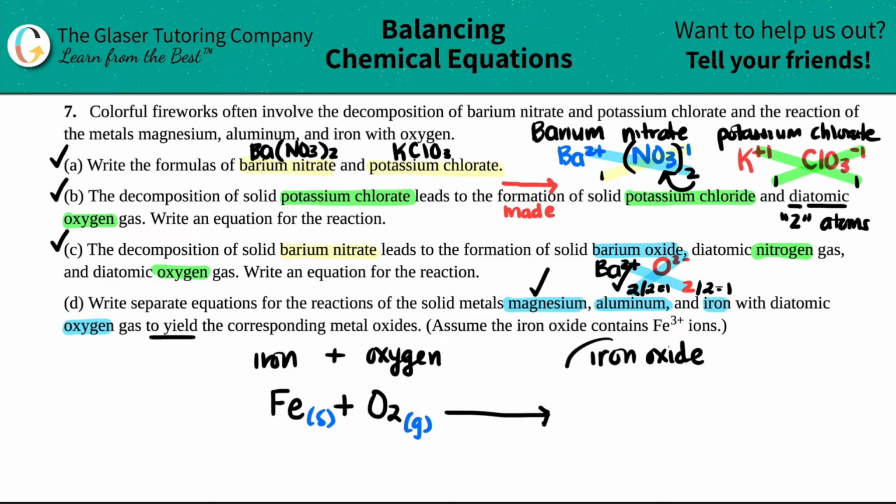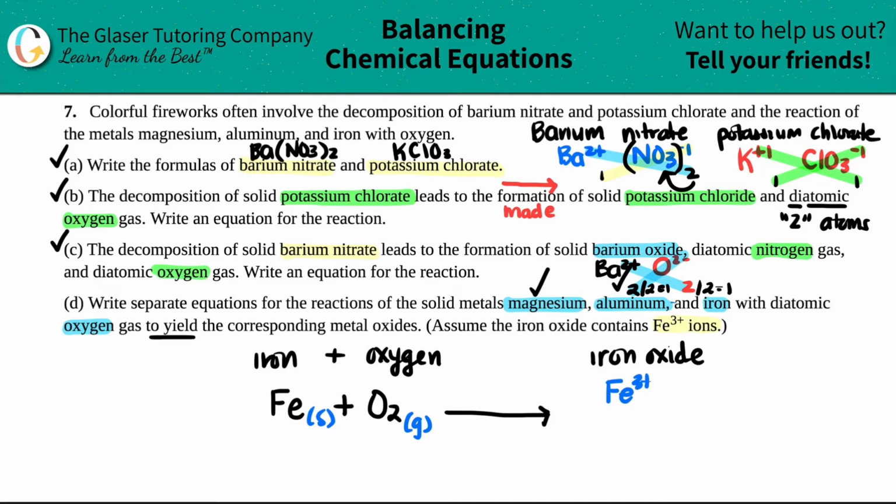will yield iron oxide. Now, iron is a transition metal. It has many different oxidation states, so they would have to tell us, and they did. Assume that the iron oxide contains Fe3+ ions. So iron would be Fe3+.